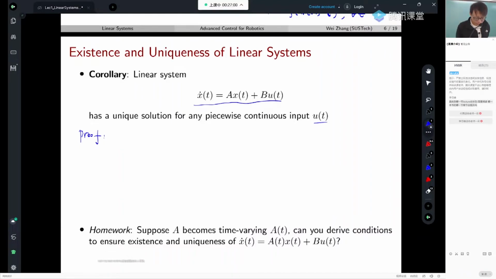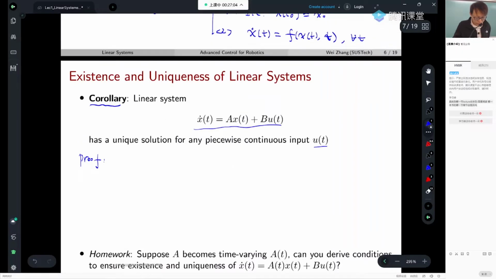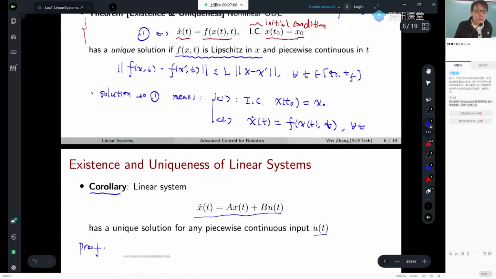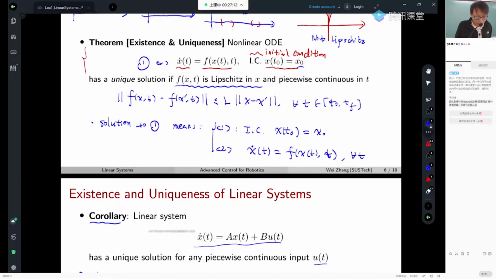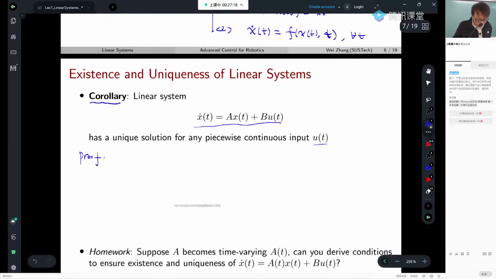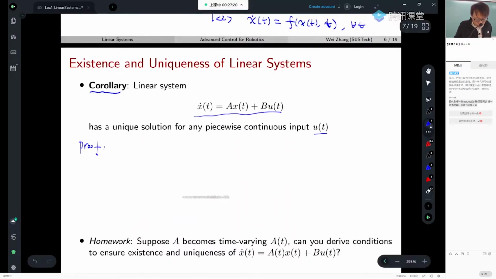How to prove this? When I say corollary, it means it's a consequence of the theorem, right? So I know in general, if I have this linear or nonlinear ODE, I know that the existence of a solution and the uniqueness property hold.